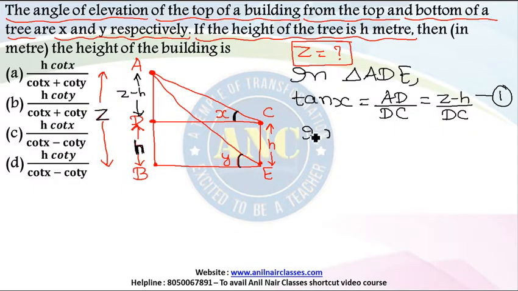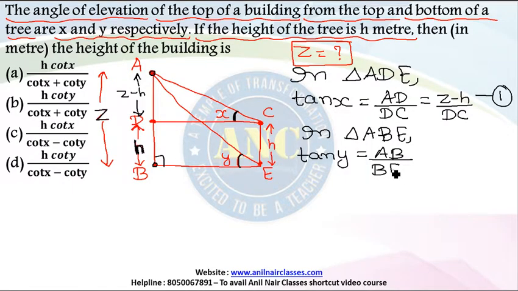Similarly, my other triangle is the bigger triangle ABE. In the bigger triangle ABE, this angle is 90 degrees, right? Tangent of angle y is nothing but opposite, AB, divided by adjacent, BE, right?